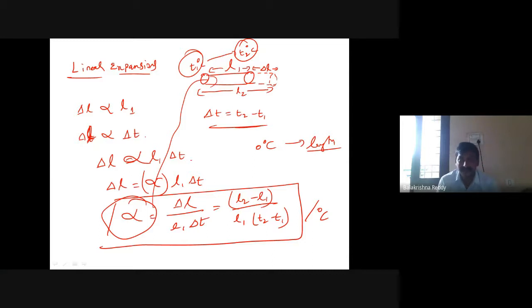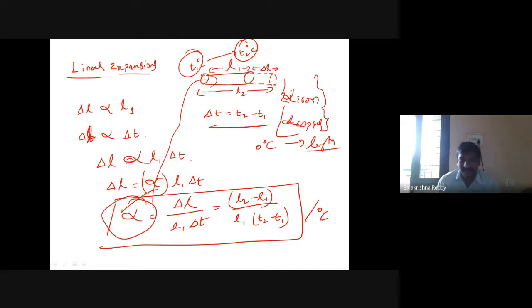It can be understood from this nature, from the alpha. That's why the coefficient of linear expansion of iron is different from that of copper and steel. These are just values which always indicate the linear coefficient.